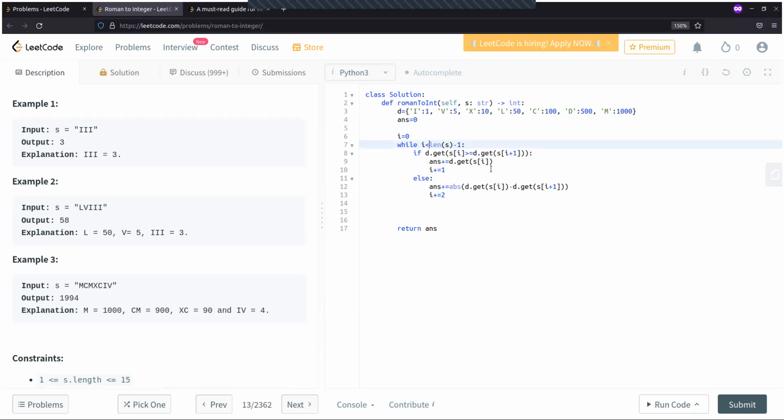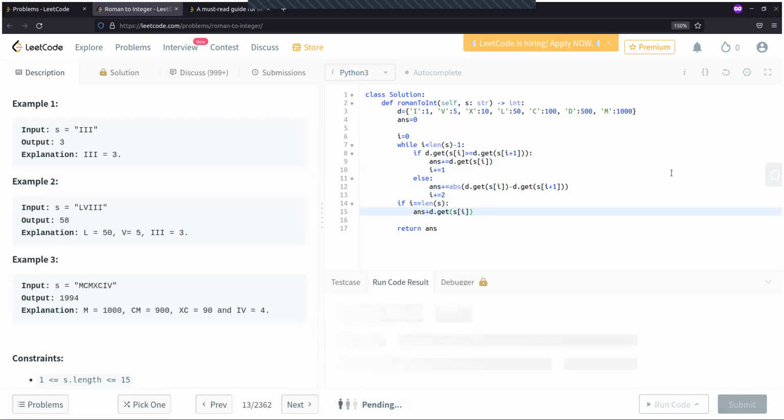So we have to write a separate condition for the last index if it is left, which means that if i is equal to length of the string, which means the last value is not considered, then we will add the value for the last character of the string, and then we will return the answer. Correct? Now let us try to run this and let's see.